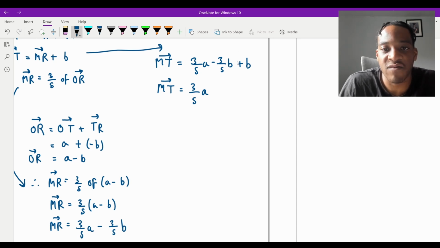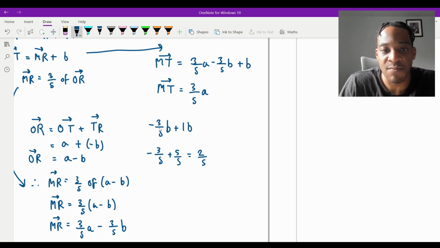Now, whenever you get this type of question, minus 3/5 B plus 1B, I'm going to just do this here, just so it's clear. I've got minus 3 over 5 B plus B, which is just the same as 1B, essentially. So this here, minus 3/5 plus 1, how would I do this? Minus 3/5 plus 5/5, and they have the same denominator. This is just going to be 2/5. Minus 3/5 plus 5/5 is just 2/5.